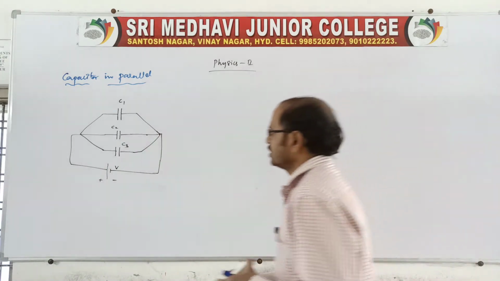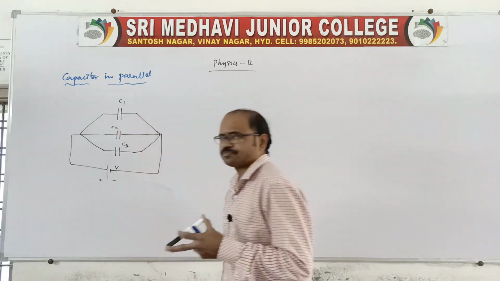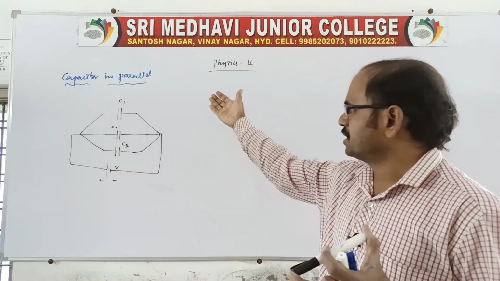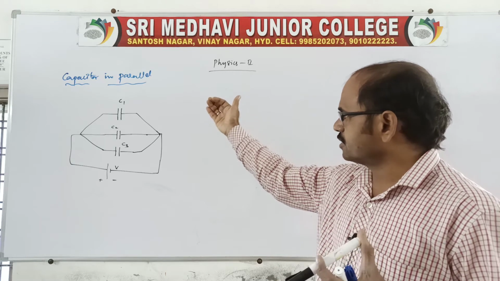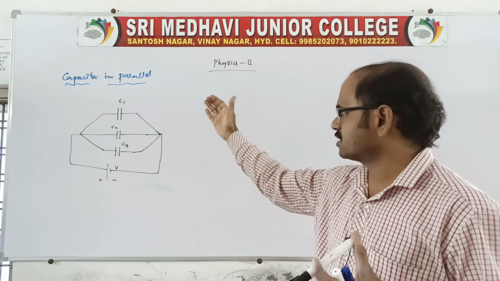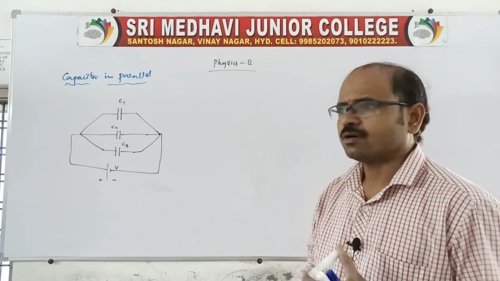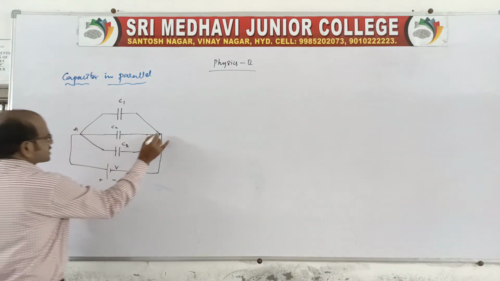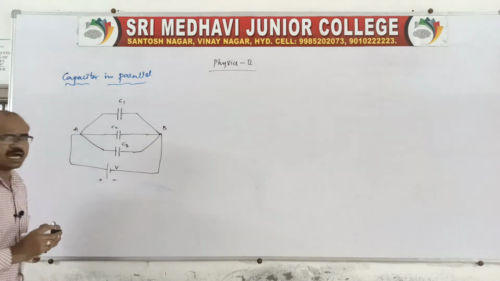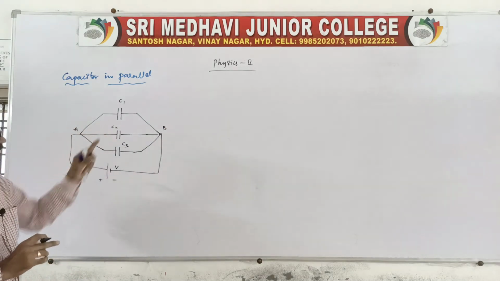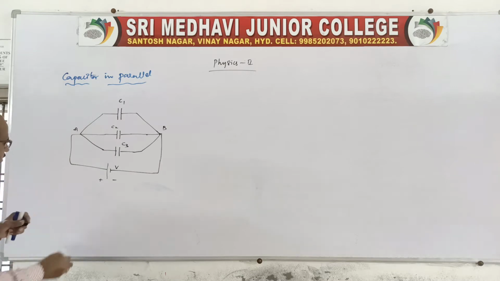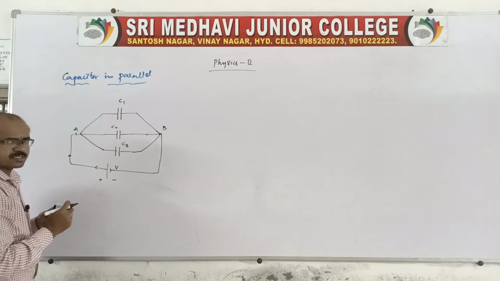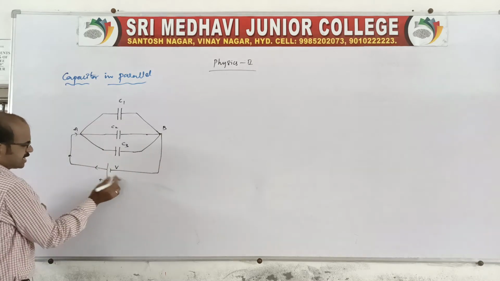If a number of capacitors are connected as shown in the figure, here the capacitors are C1, C2, C3. The first terminals are connected at one point, say point A, and the second terminals are connected to the other point B, and A and B are connected to opposite terminals of a battery. Usually the charge flows from the positive to the negative terminal.